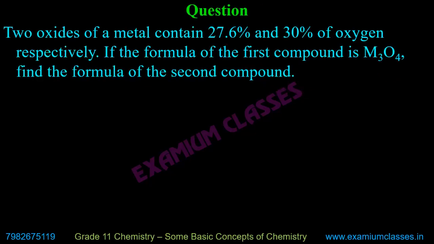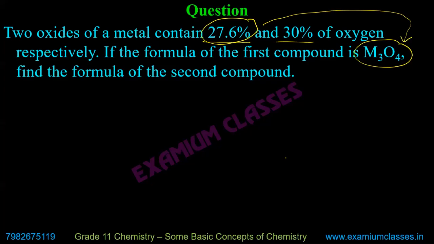Now come to the question. The question says two oxides of a metal contain 27.6% and 30% of oxygen respectively. If the formula of the first compound is M3O4, in which oxygen is 27.6%, and in the second one it is 30% oxygen, you need to find the formula of that one.